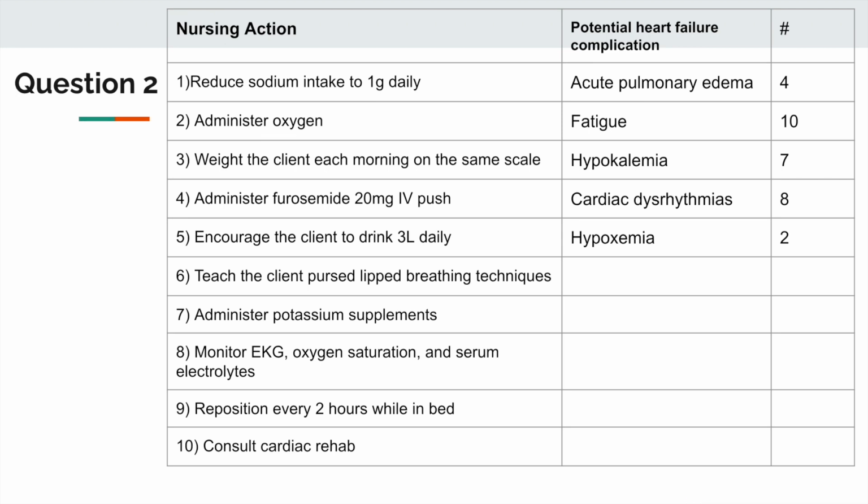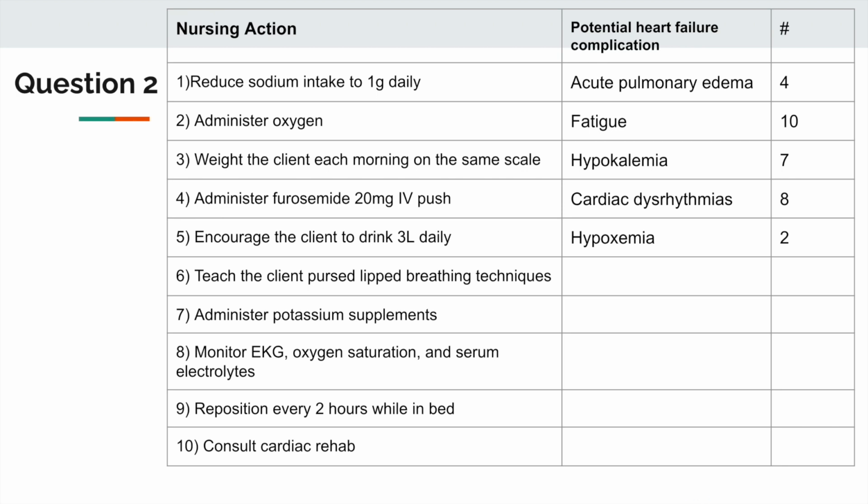Hypokalemia, we want to administer potassium supplements. That one's pretty straightforward. As long as you know hypokalemia is low potassium, administering potassium supplements to treat that is perfect. Cardiac dysrhythmias. So the best answer again for this is to monitor cardiac monitoring, EKG.